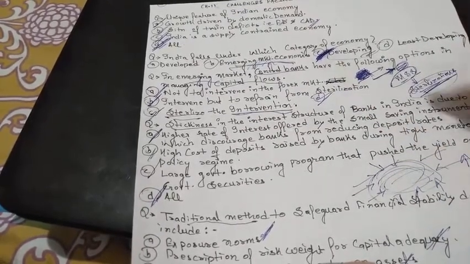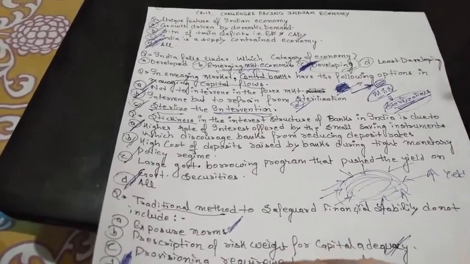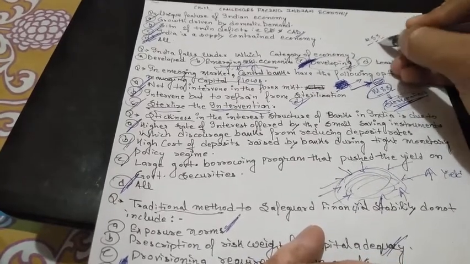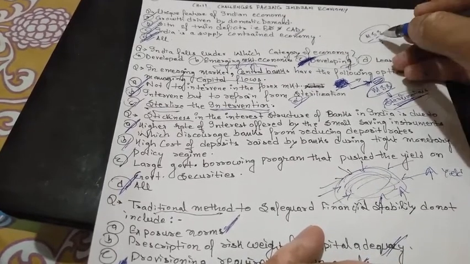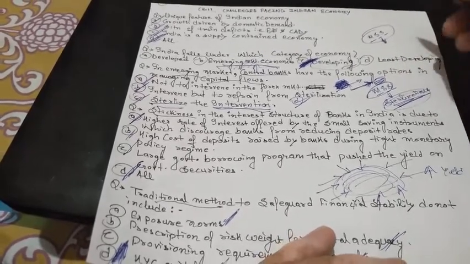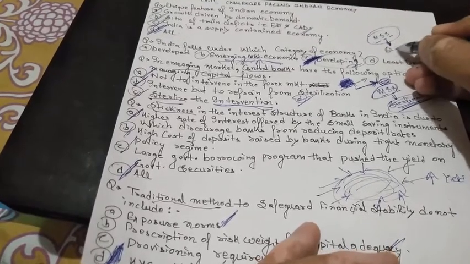Sterilization, we have discussed in the chapter before last, that there is something called MSS, market stabilization scheme. Whenever the government or RBI intervenes in the market through MSS, that process is sterilization.